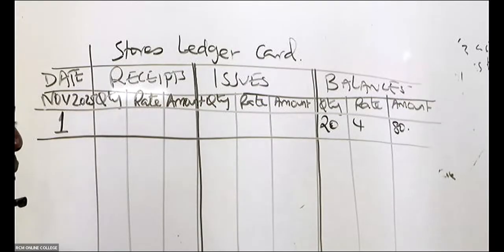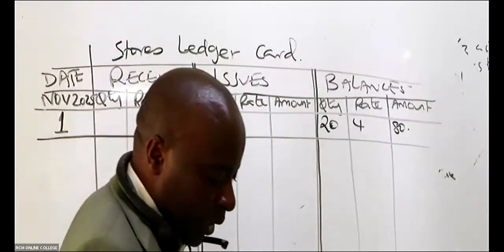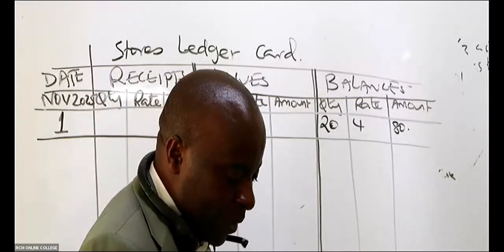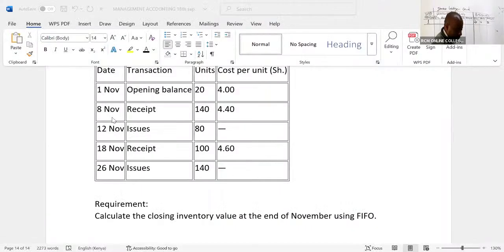For the second date, 8th November, we had something happening. You received 140 at 4.4.